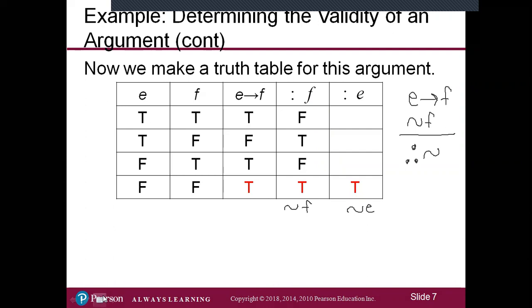not E. All right. Now, I generally make some type of distinction for myself, at least, so that I know when I'm looking at the premises and when I'm looking at the conclusion.